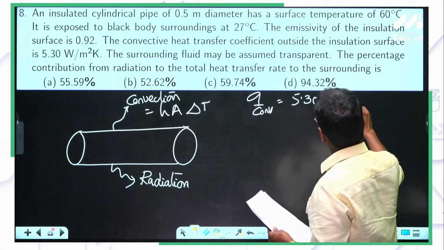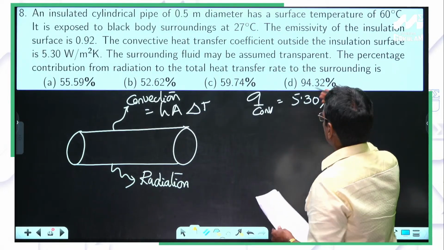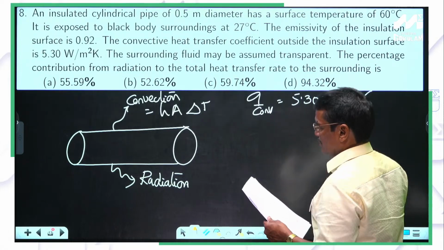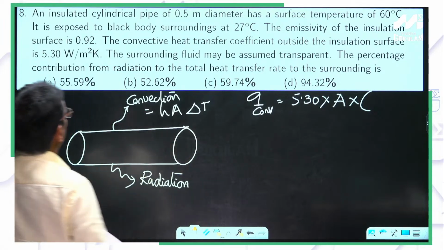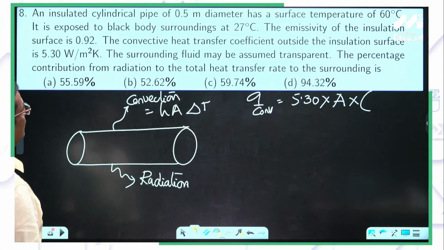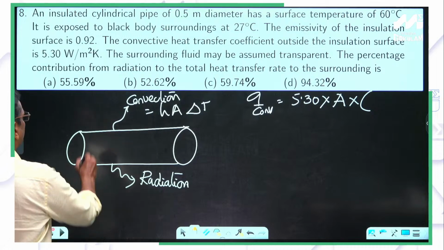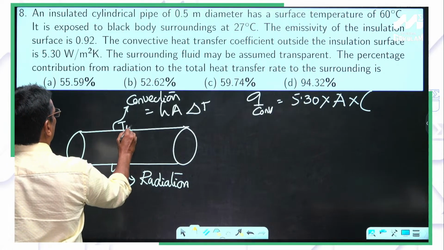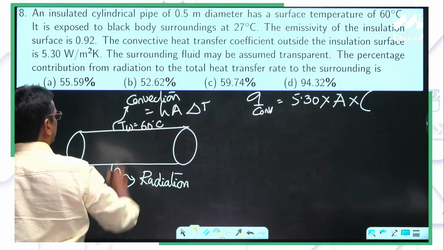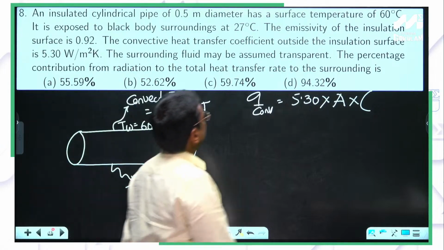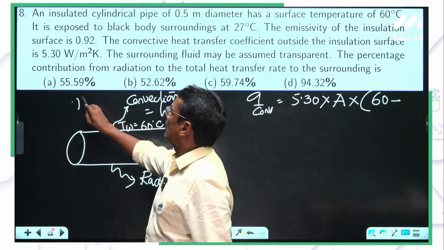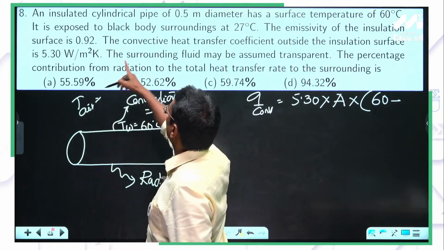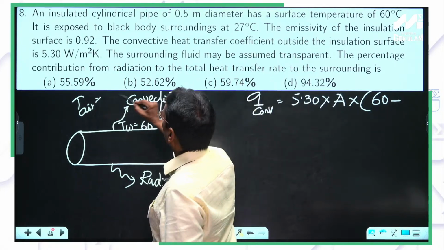Area you can take as some area, because he has asked only the percentage. The surface temperature of the rod is 60 degrees Celsius, minus the temperature of the fluid, air, which has been given as 27.